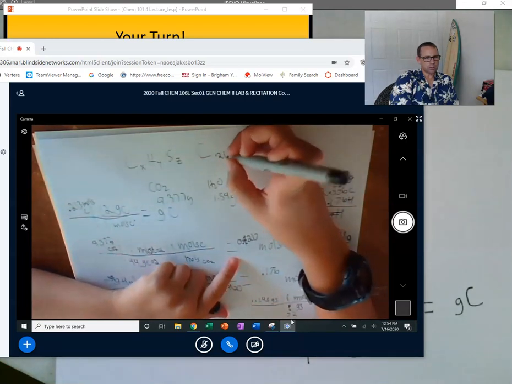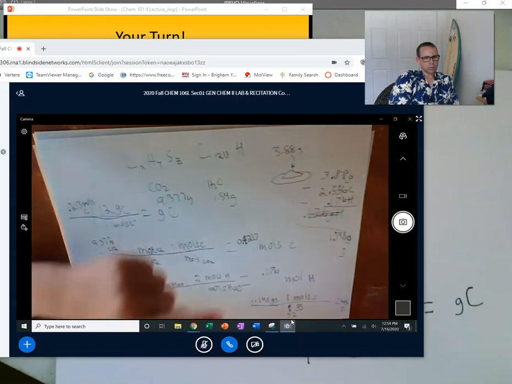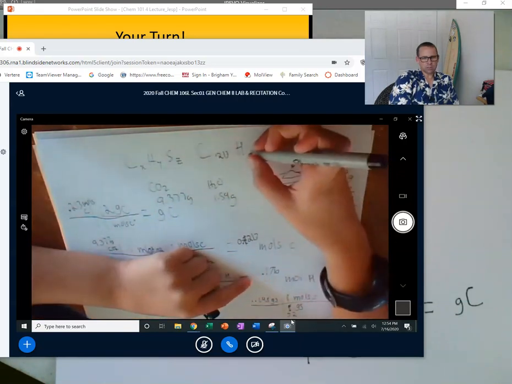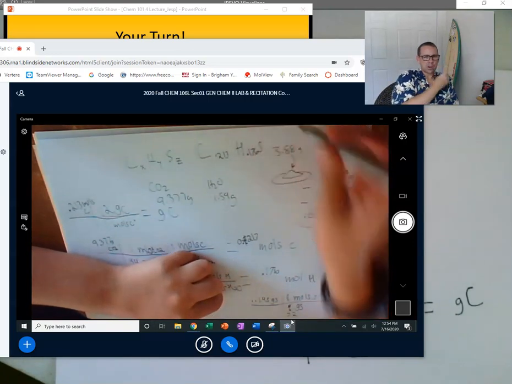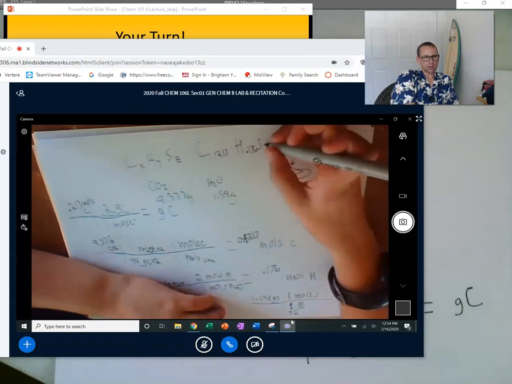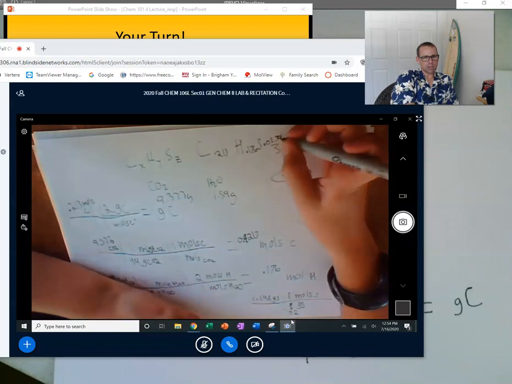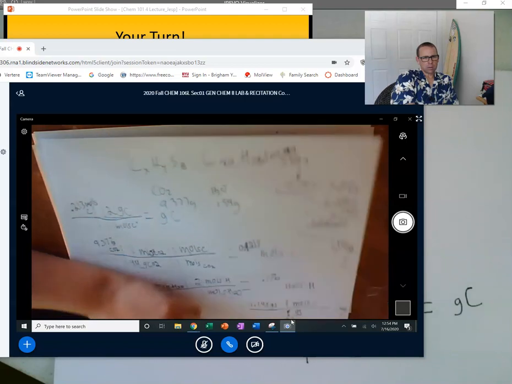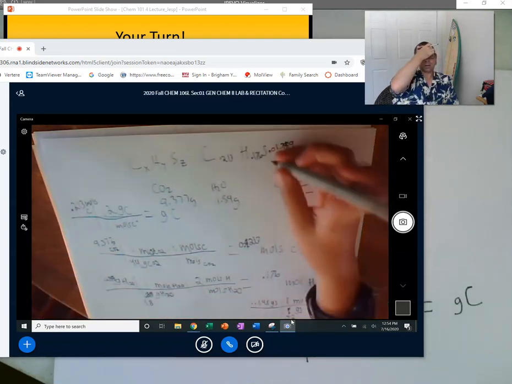0.213, 0.176 for the hydrogen. And then the sulfur is 0.0359. No 1 in there, just 0.0359.